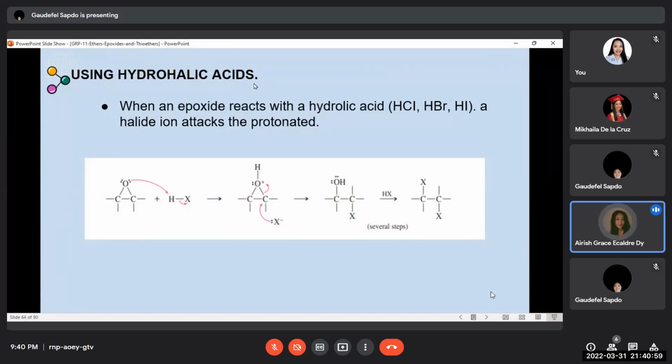The halohydrin here initially formed reacts further with HX to give a 1,2-dihalide. This is rarely a useful synthetic reaction because the 1,2-dihalide can be made directly from the alkene by electrophilic addition of X2. So next slide, please.